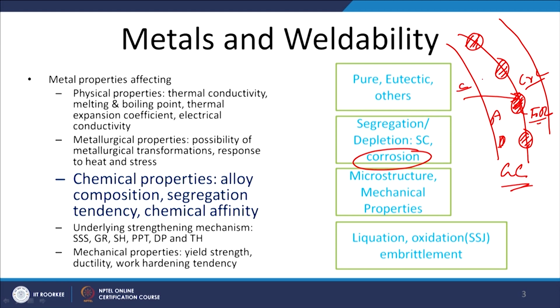So, the chromium deficient areas will be experiencing the loss of metal in the favorable corrosive environment, and that will be promoting the corrosion of the weld joint, especially in the heat affected zone. And the primary reason behind this is the chemical heterogeneity, which is being promoted due to the metallurgical transformation.